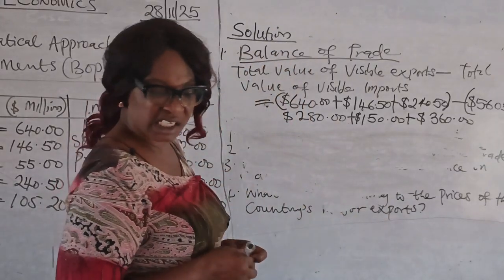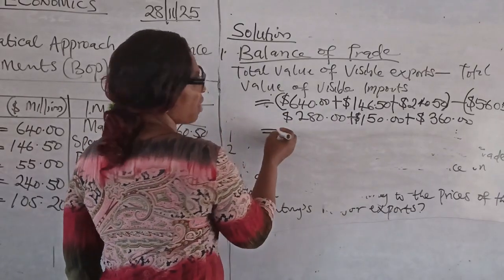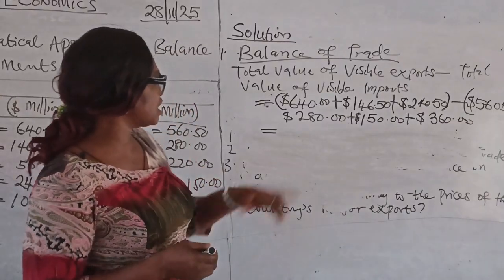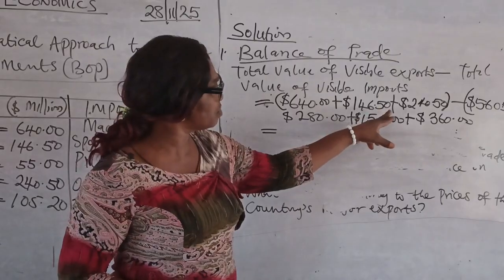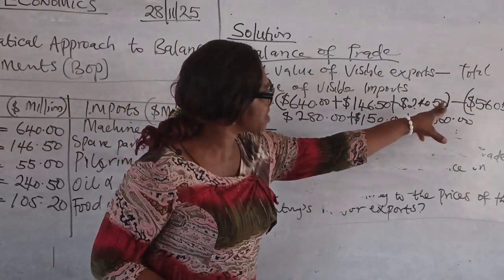So when we add, it will now give us our exports. We are going to add our exports together. Our exports 640 plus 146.50 plus 240.50.